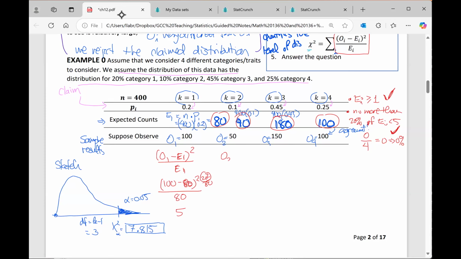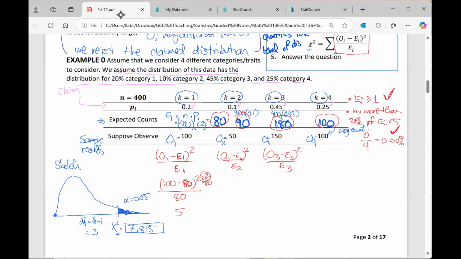Do this for each category. Again, there's a level of disagreement. Just substitute your values. So (50 minus 40) squared divided by 40.